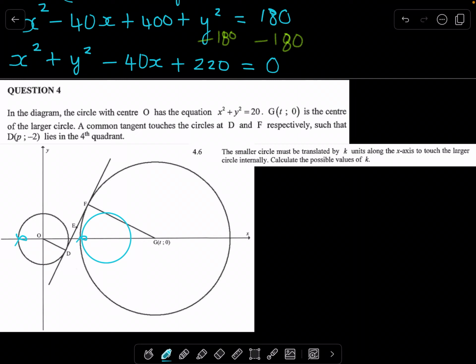And I mean, okay, this is actually not bad to work out because the centers are on the same horizontal line. So it just makes sense, at least visually, that the point that will touch this circle internally is this one.